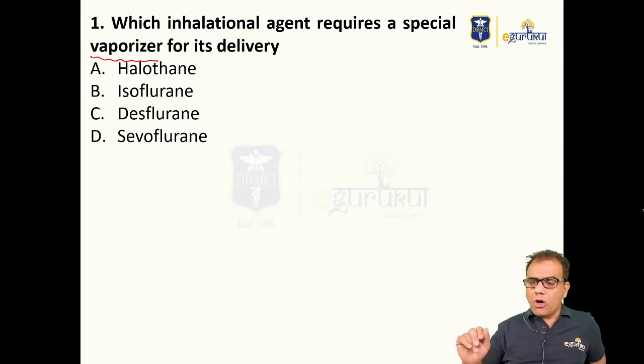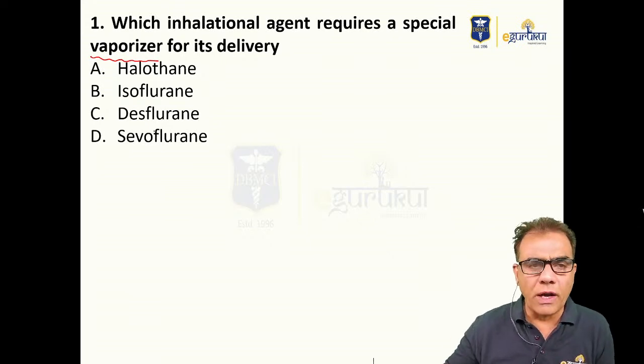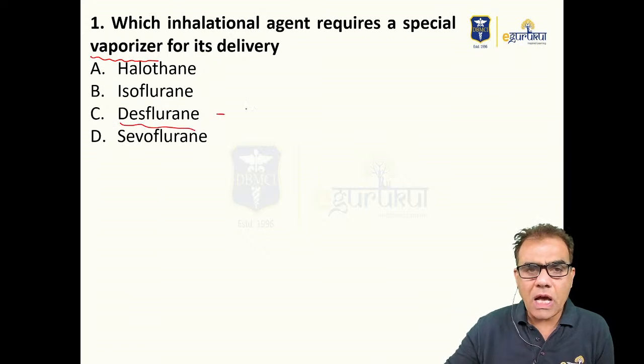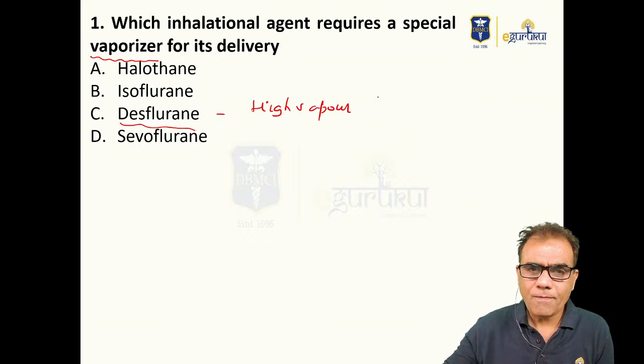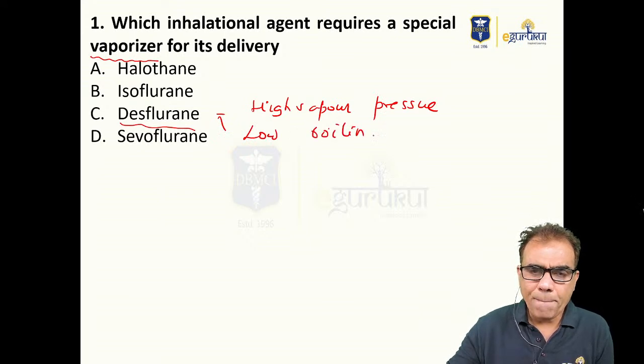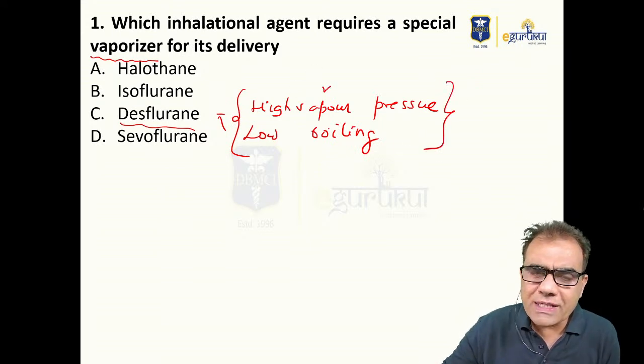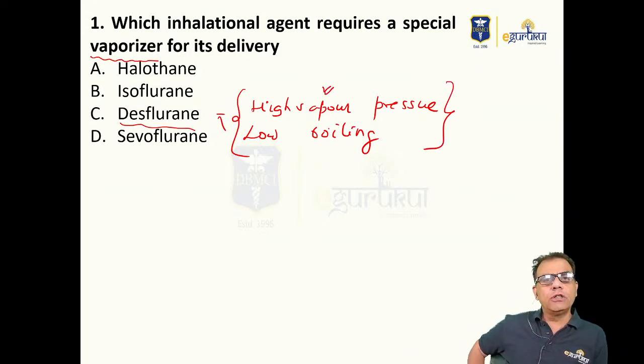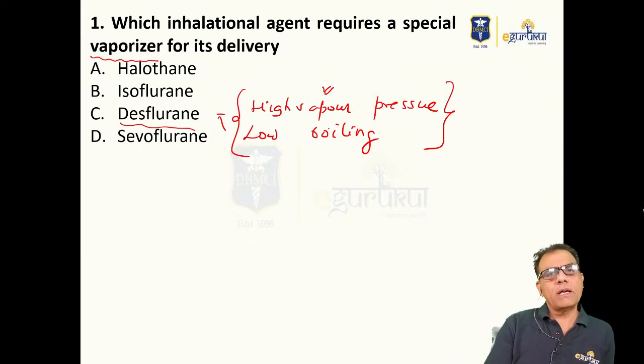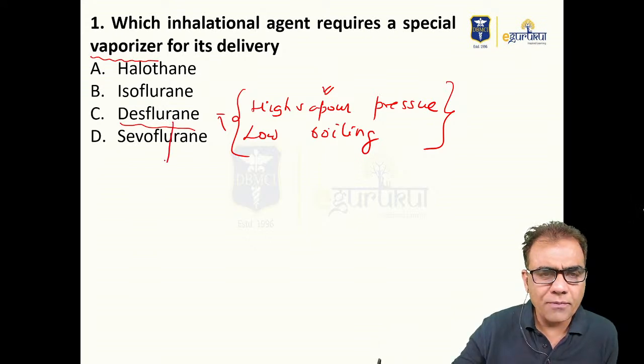So obviously because of these two properties of desflurane, that is high vapor pressure and low boiling point, it is a different agent from other inhalation agents. So obviously it cannot be delivered through an ordinary vaporizer. There is a special vaporizer for the delivery of desflurane, that is called Tech 6.